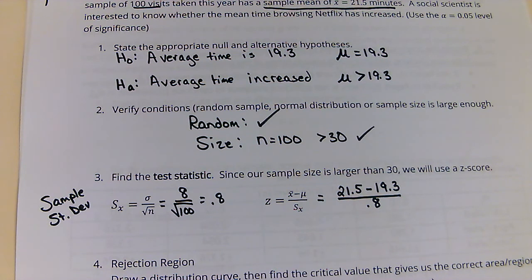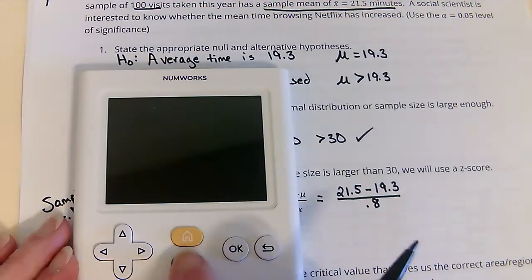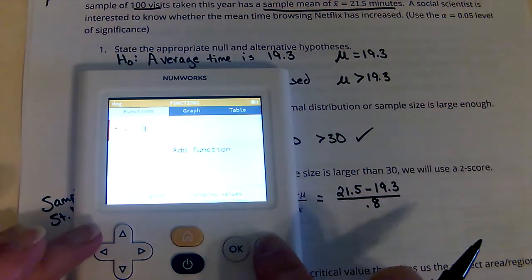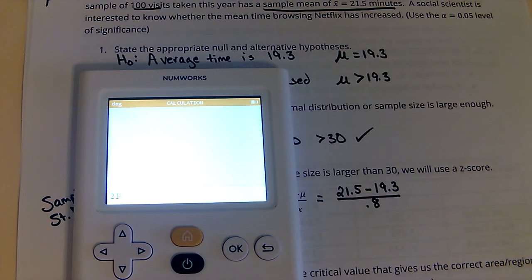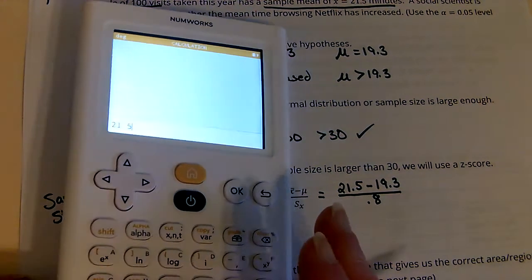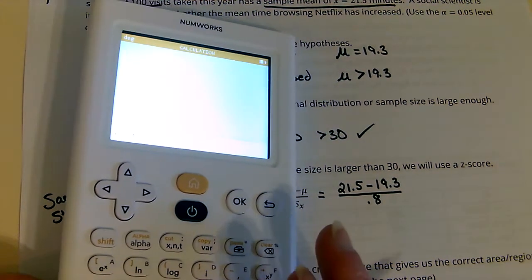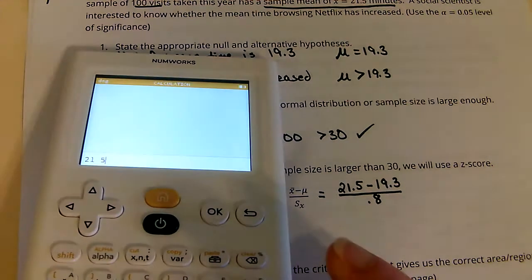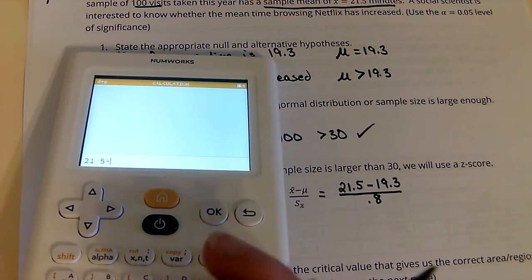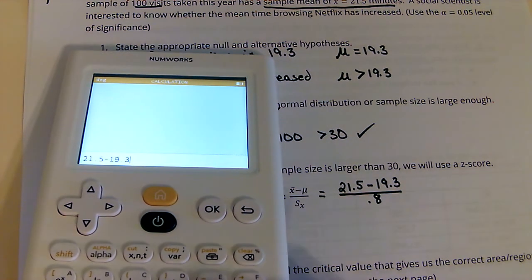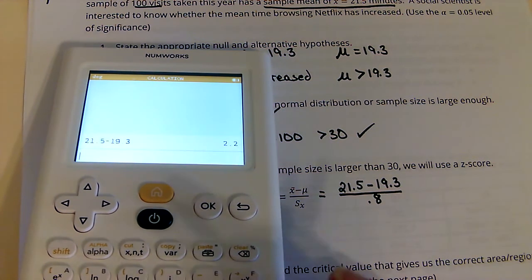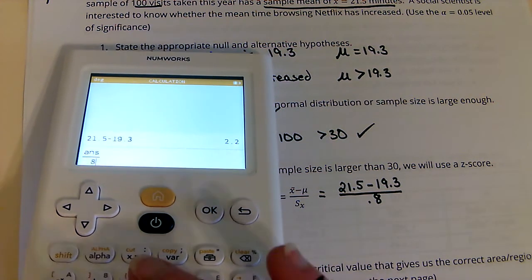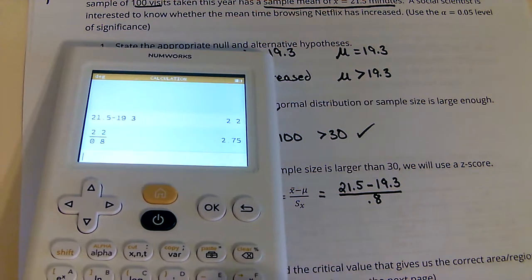I've got a little bit of a different calculator than most of you, but it'll still work. This is that NumWorks calculator. So I'm going to do 21.5 minus 19.3, then divide by 0.8. I got 2.75.